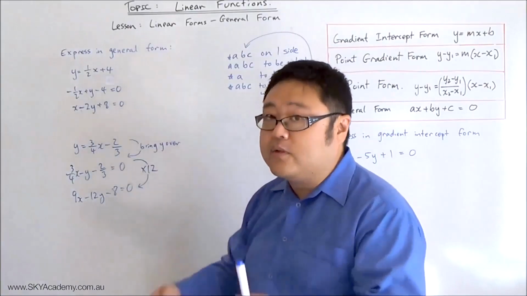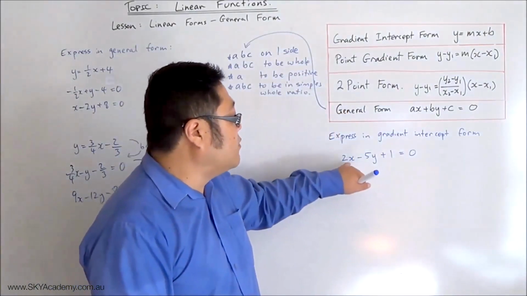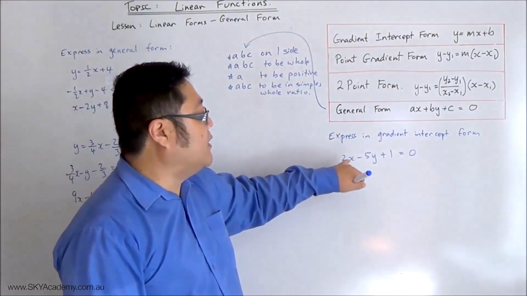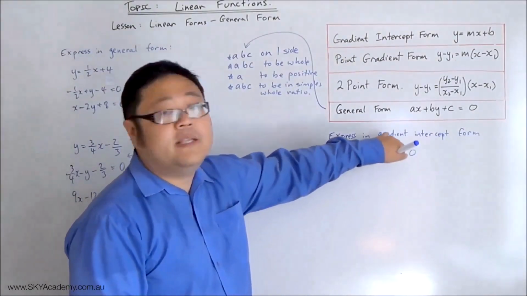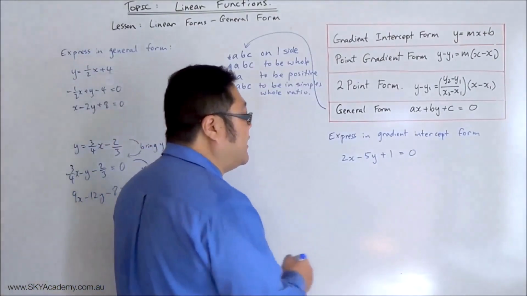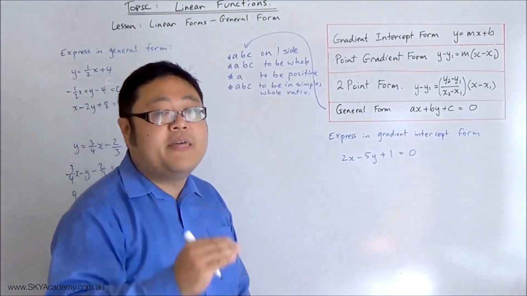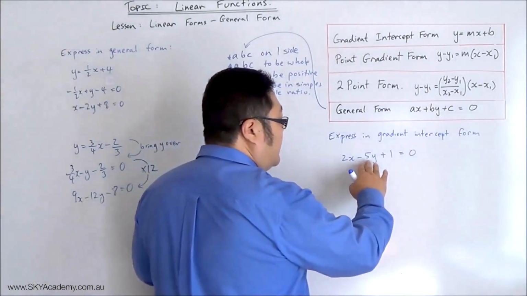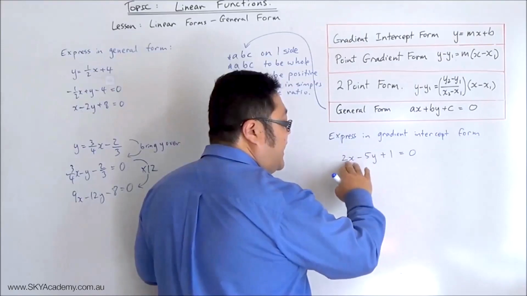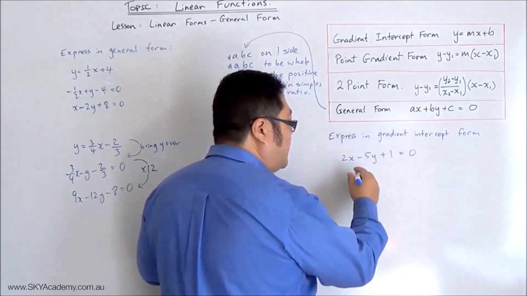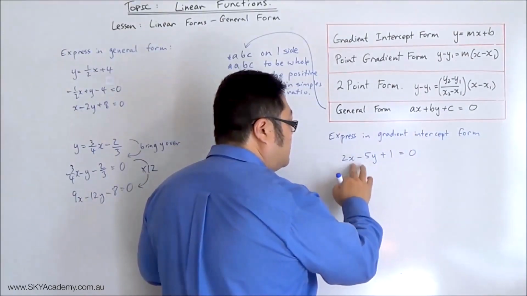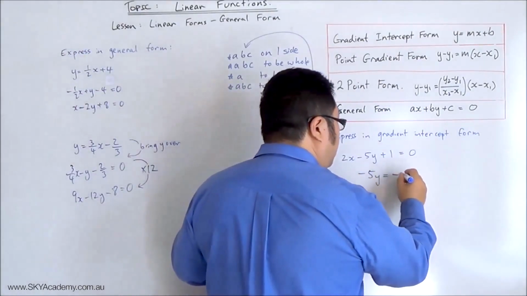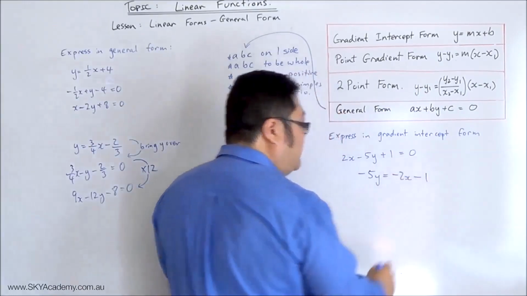Now we've also got to be able to work the other way around. We've got an equation here that says express the general form into gradient intercept form. To do that, we've just got to make y the subject of the formula. So bring the x term and the constant term over to the other side, and we've got minus 5y is equal to minus 2x minus 1.